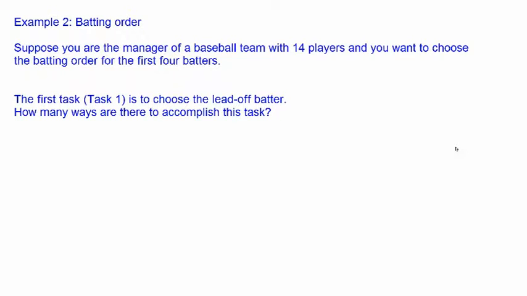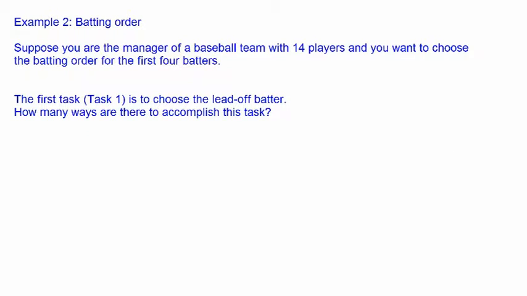Now let's look at a second example where a manager of a baseball team having 14 players wants to choose the batting order for the first 4 batters. The first task, which we'll call task 1, is to choose the leadoff batter.